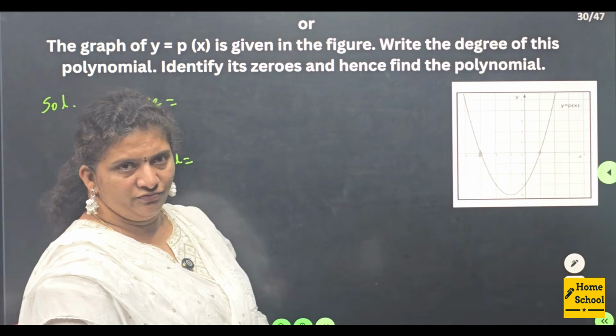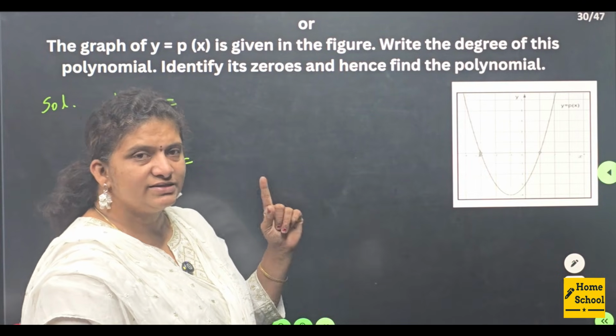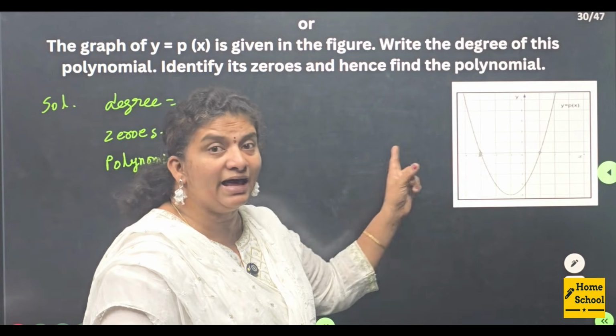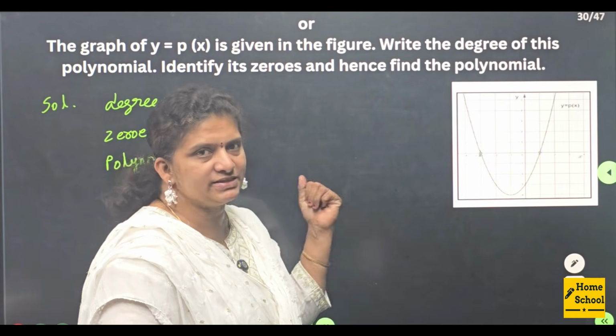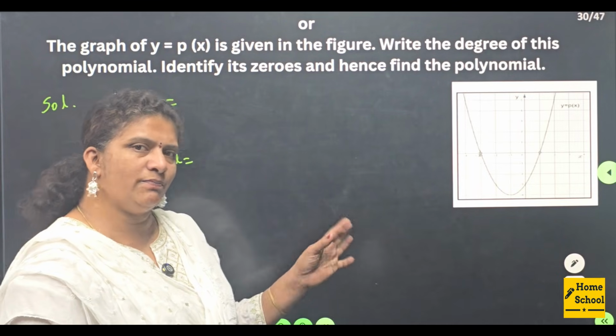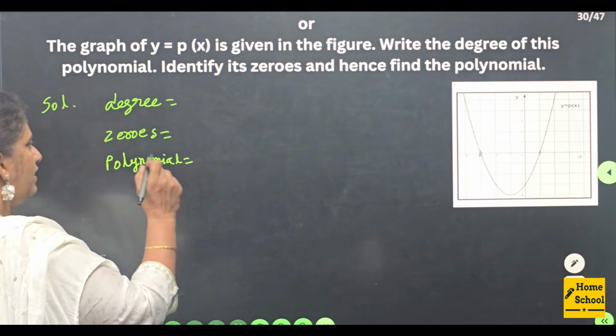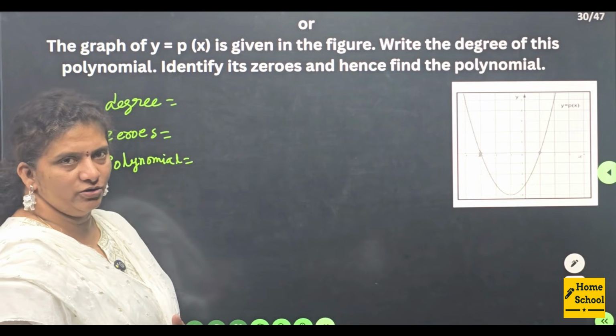Observe graph carefully. First one, what is the degree of the polynomial? Second one, what are the zeros? How many zeros they did not ask. What are the zeros? By observing graph we need to write. Third one, what is a polynomial? Let us start answering first one. What is the degree of a polynomial?